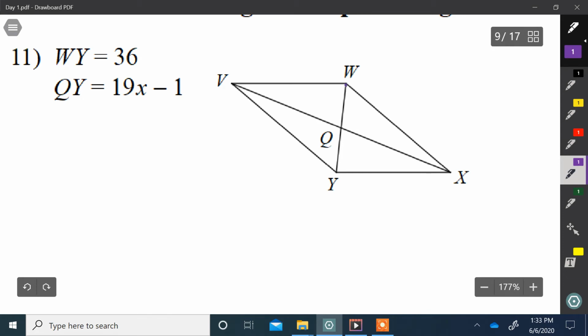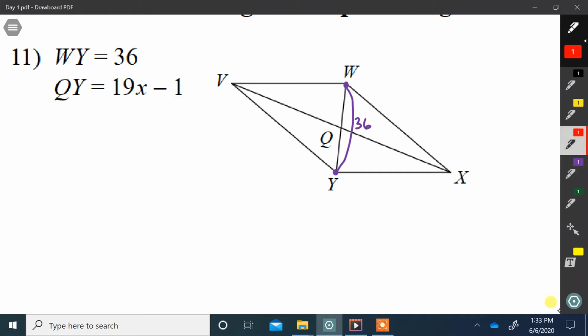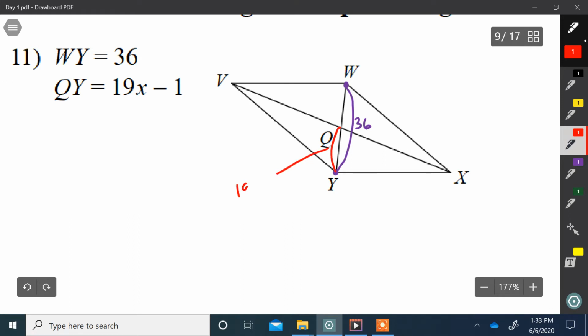We have WY. So WY is the whole thing from there to there, and that's 36. And then we have QY. QY is from here to there, and that right there is 19x minus 1. Now, if that's 19x minus 1, this right here is also 19x minus 1.